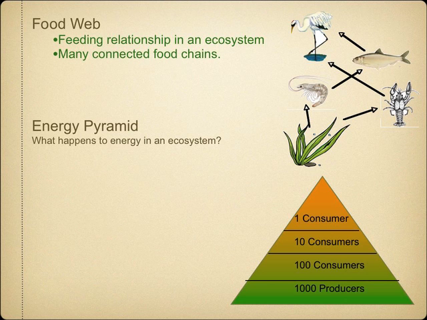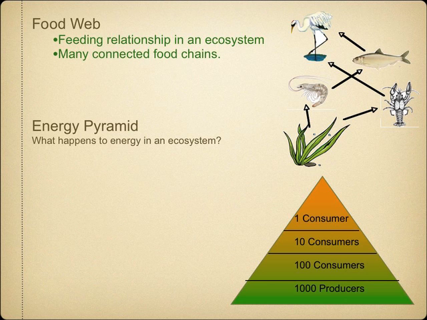So in an ecosystem, every time one organism eats another, most of the energy is lost. Let's say when a deer eats some grass, chews it up, digests it, about 90% of the energy in the grass that the deer ate gets burned up by the deer, just staying alive. Only about 10% can actually go into the deer growing larger.